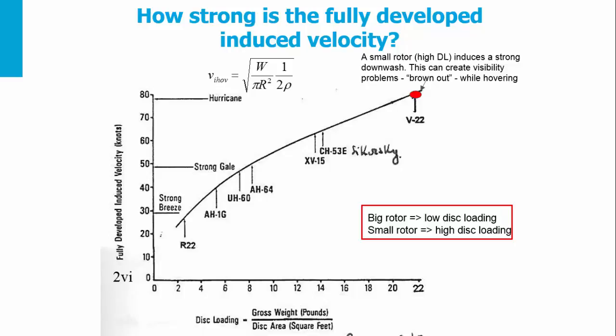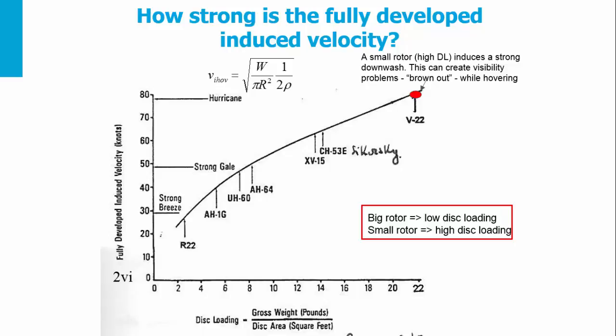For the R22 Robinson, you have velocities of 30 knots, which is a strong breeze. In an Apache AH-64, the velocities are of 50 knots, which is a strong gale.